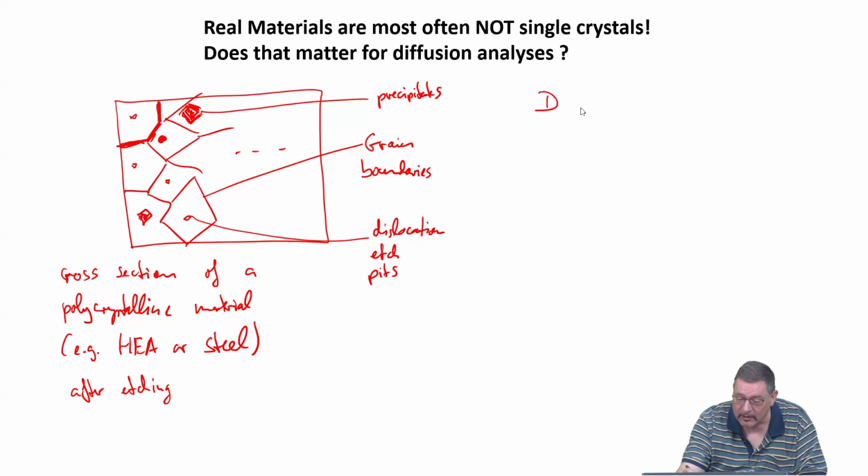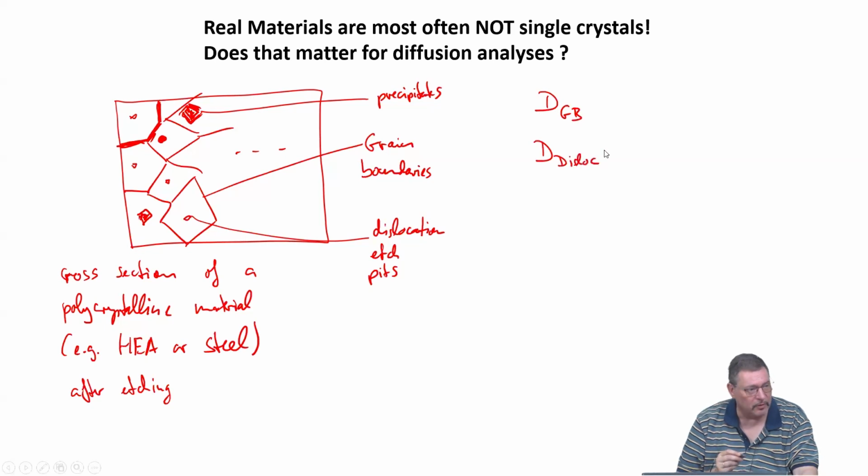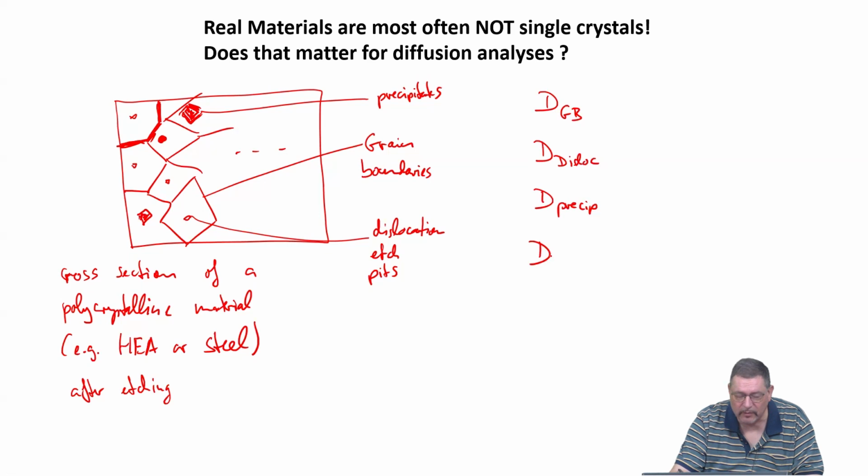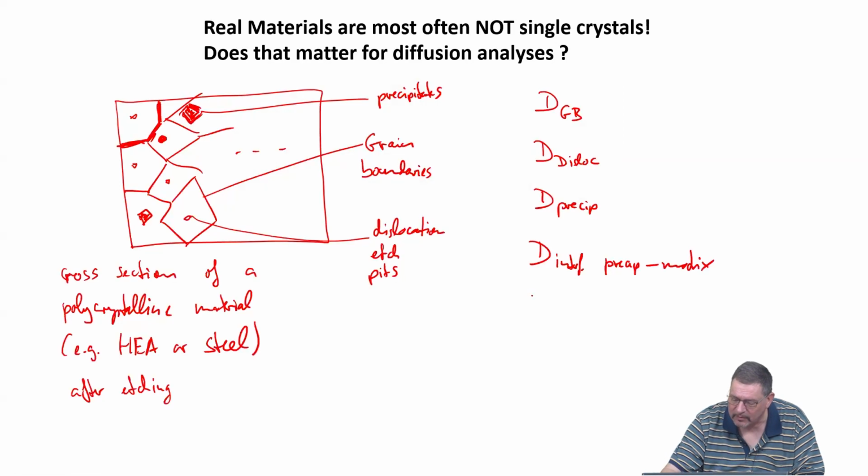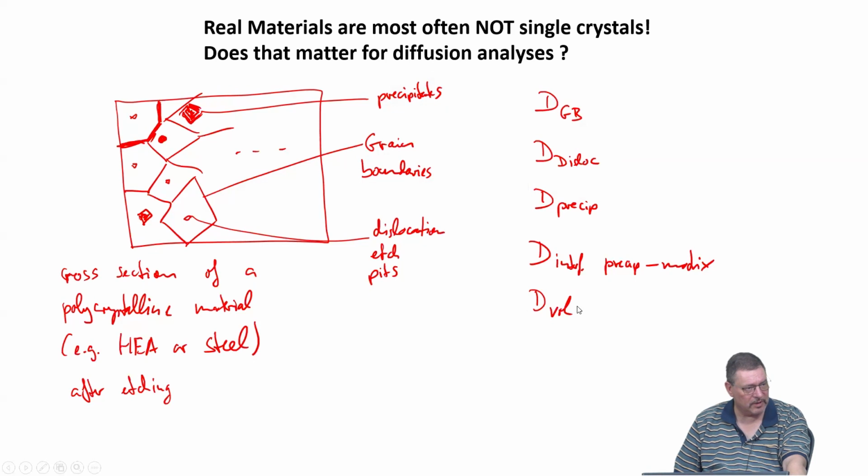So we have a diffusion coefficient for the grain boundaries, a diffusion coefficient for the dislocation cores, a diffusion coefficient for the precipitates, a diffusion coefficient for the interface between precipitate and matrix, and we have a volume diffusion coefficient through the matrix.